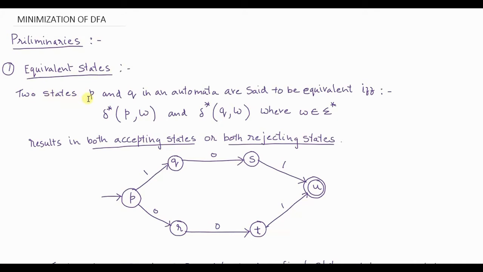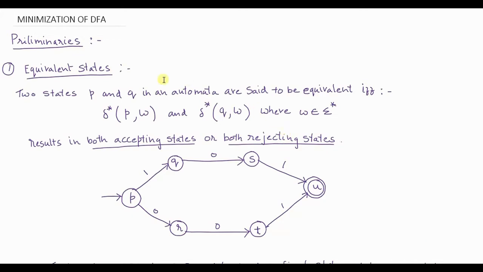Two states P and Q in an automaton are said to be equivalent if and only if the extended transition function for state P when a string W is read, and the extended transition function for state Q when the same string W is read, result in both accepting states or both rejecting states. Let me simplify this.